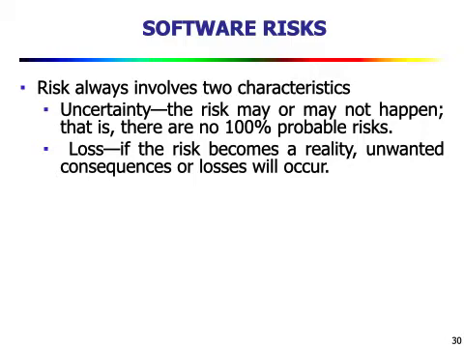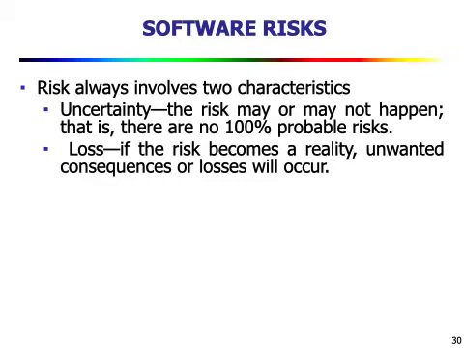Uncertainty means the risk may or may not happen. That is, there is no 100% probability that a risk may occur. So that is the uncertainty of a risk. And loss: if the risk becomes a reality, unwanted consequences or losses will occur.